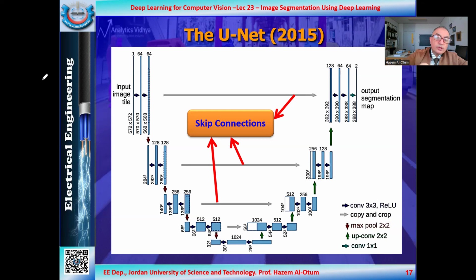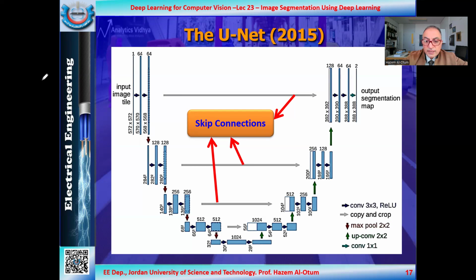And so forth. You can see that the size of the image is very large here. It's just one channel. Then the number of channels is increased, and the size in the spatial domain is decreased until we reach the bridge, where we have a bridge of 1024 channels having feature information and a very small spatial size, which is 30 by 30.